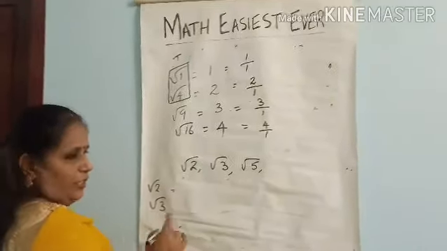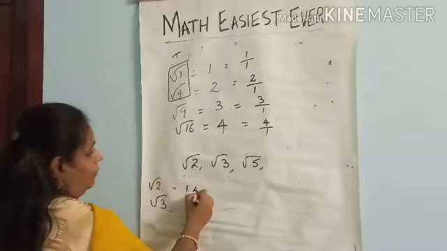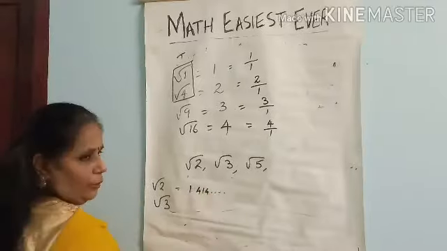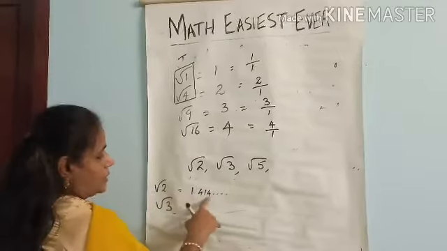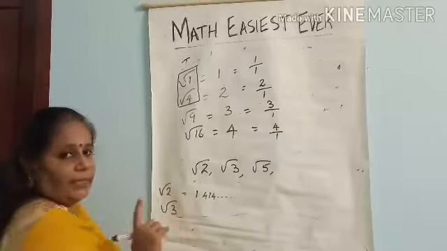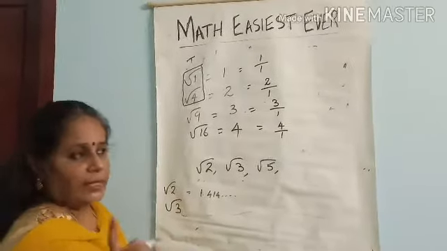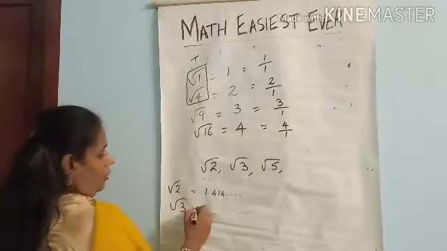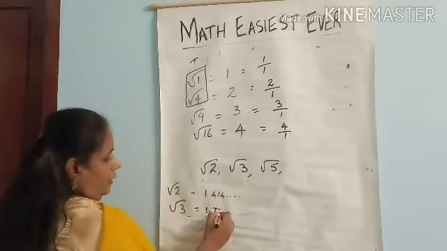No. Actually its value is 1.414, when you work out the square root. So this is an irrational number, which you cannot represent in the form of P by Q. Root 3 also has the value 1.73, like that.